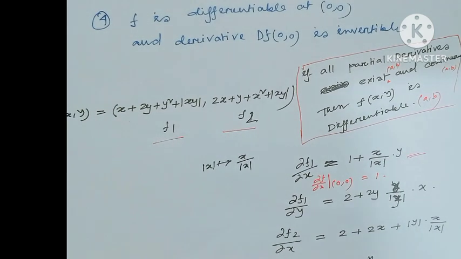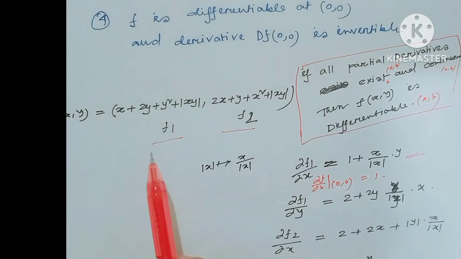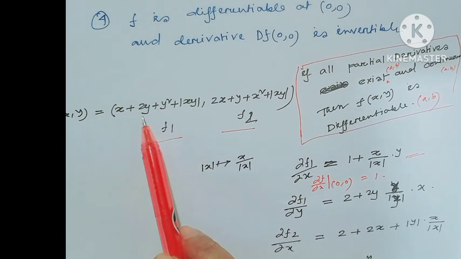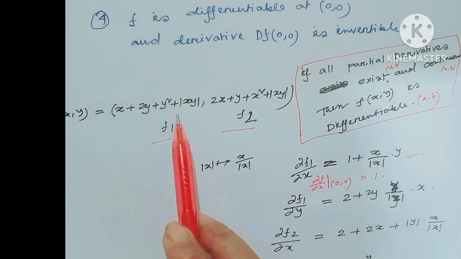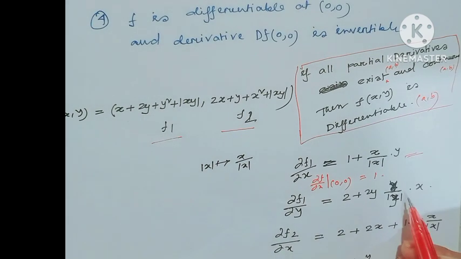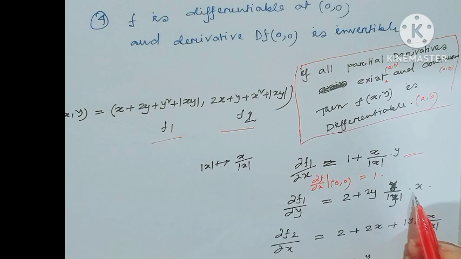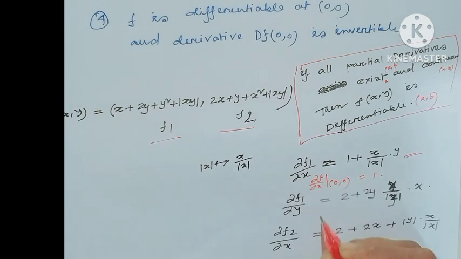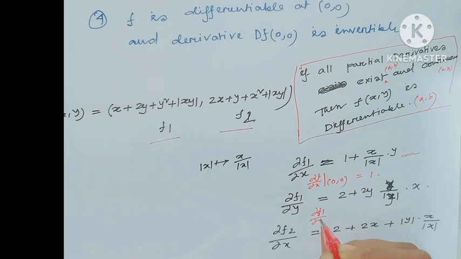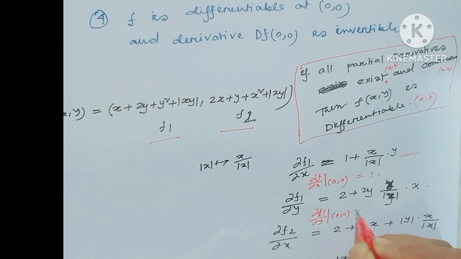Del f1 del y is equal to 2 plus 2y times y divided by mod y times x, and this value del f1 del y at the point (0,0) is 2.